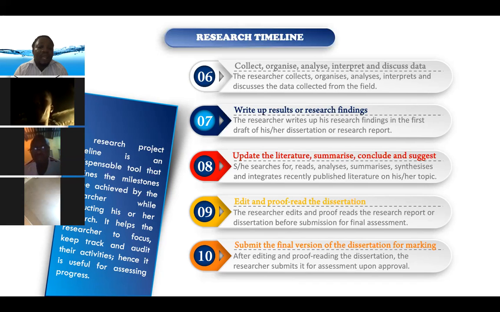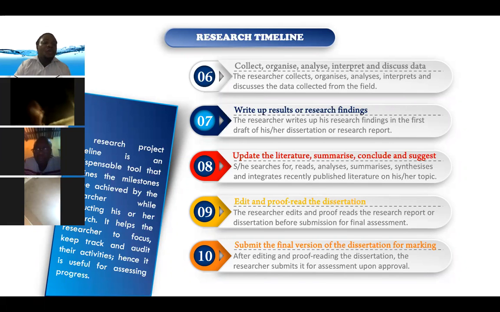And while you're writing up your research findings, you'll be updating the literature, summarizing the literature, concluding, and suggesting. So for example, if your research is going to take you 4 years, it means that throughout this period, new information will be emerging. So some new research will be done, and new findings will start emerging in the academic environment.